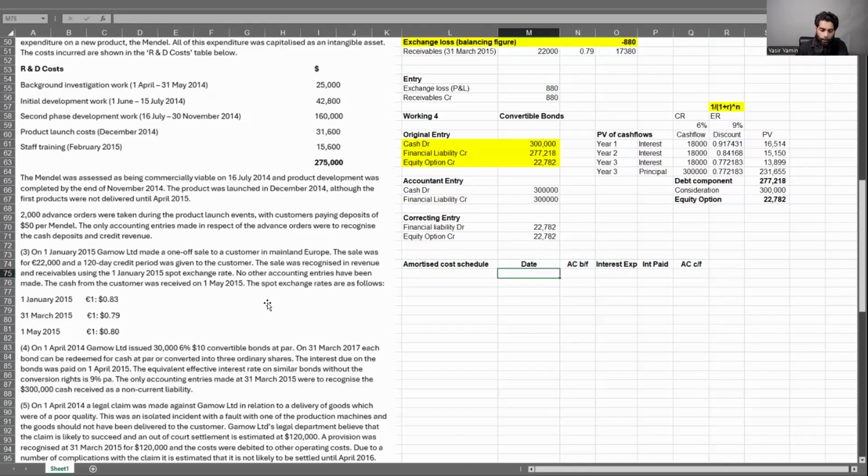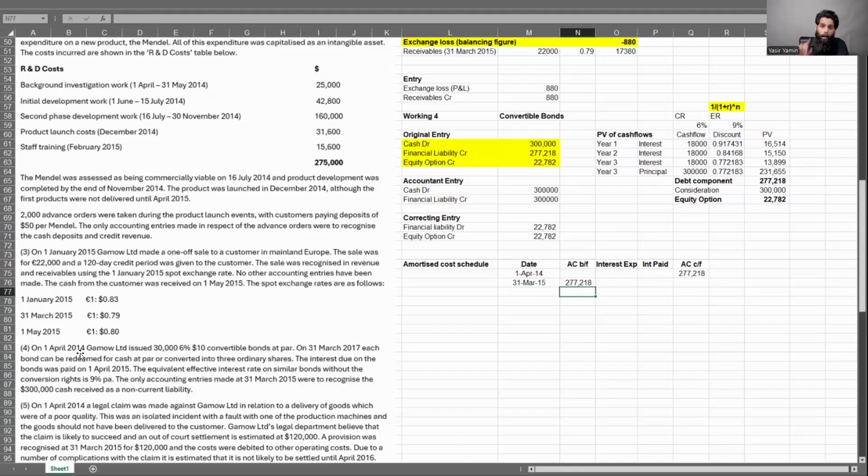So we made this issue on 1st April 2014 at the start of the year. And through this issue, our liability to be recognized in our books is 277,218. Our accounting year ends on 31st March 2015. Brought forward should be the same, 277,218.